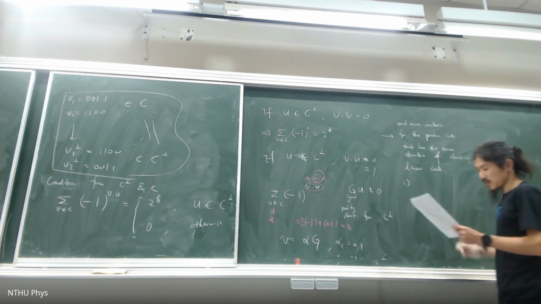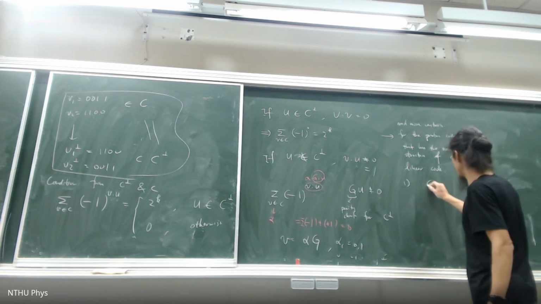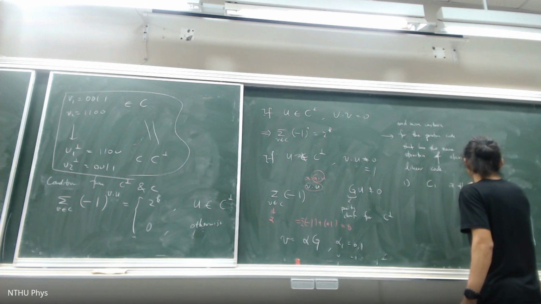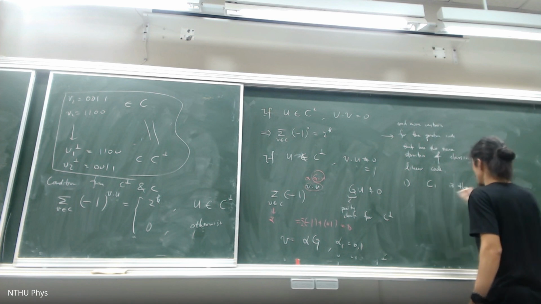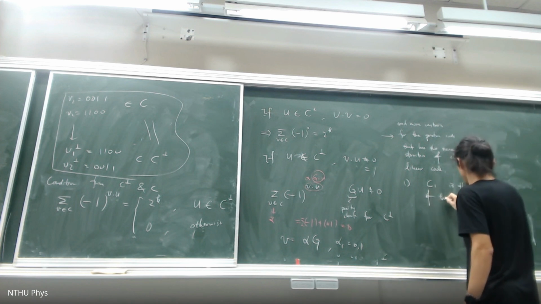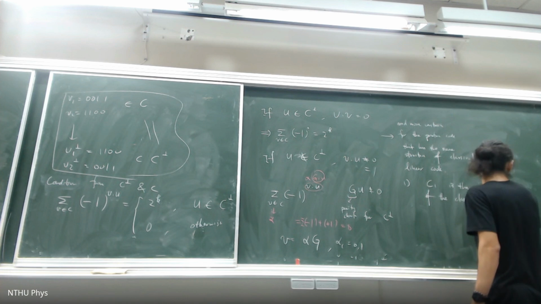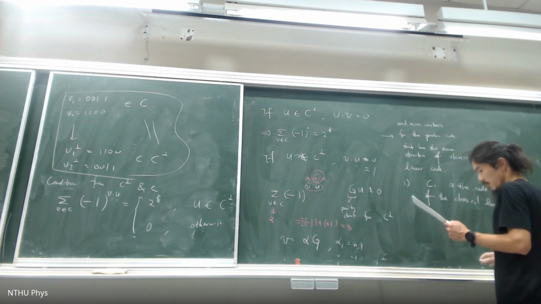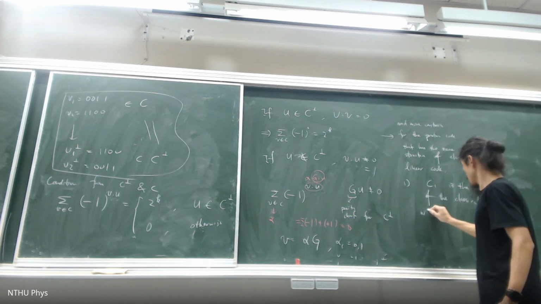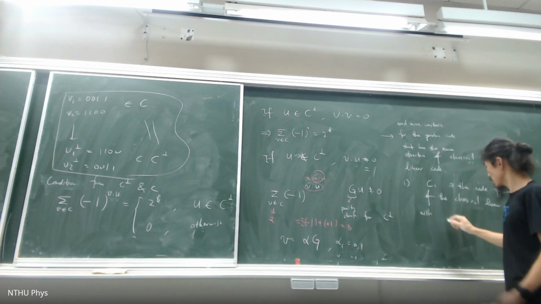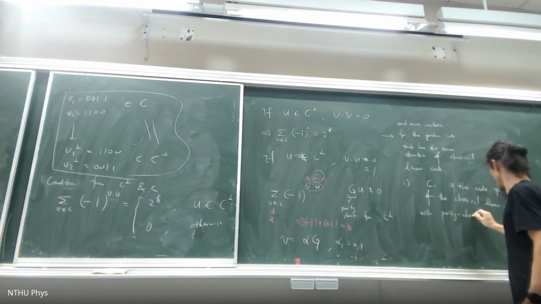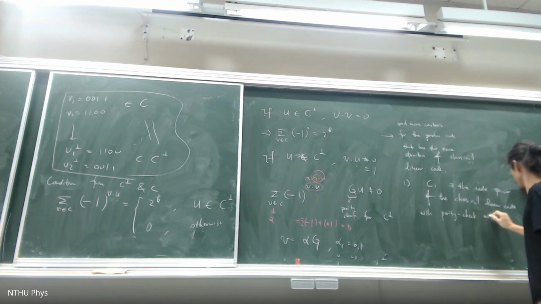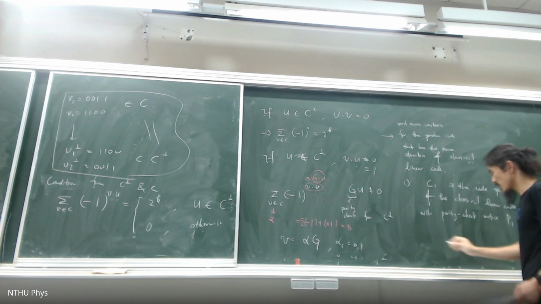Suppose I have a classical linear code, and let C1 be the code space, with the parity check matrix of the following form.